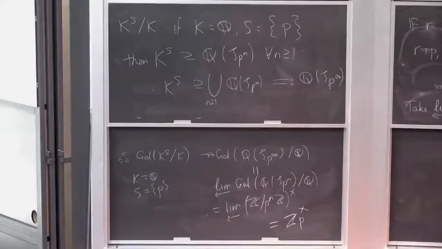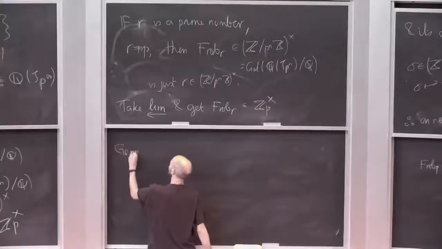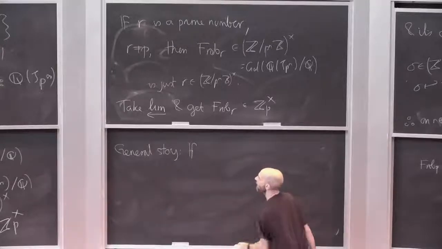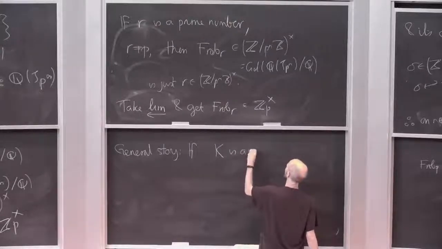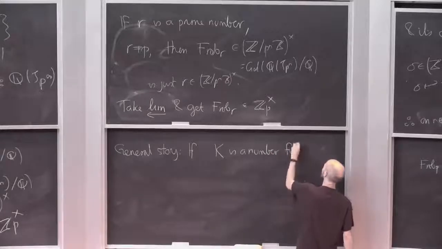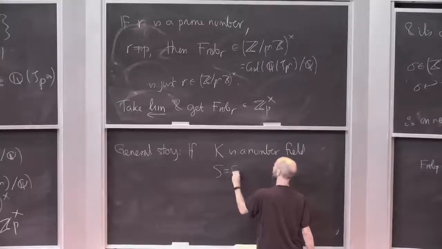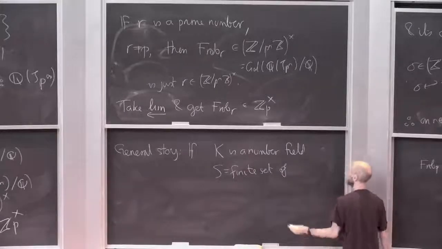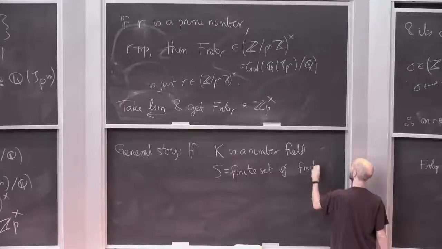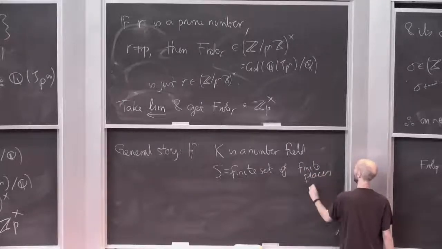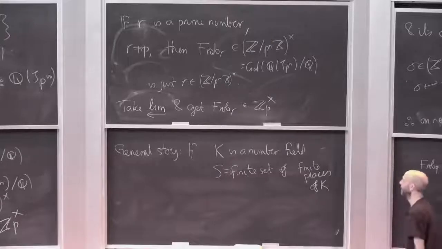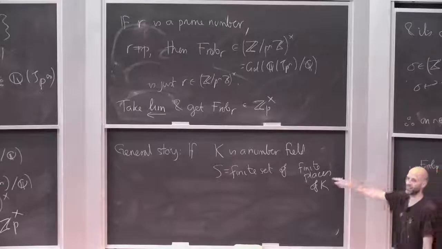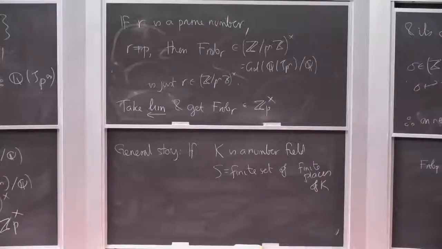So the general story, of course: if I've got K a number field, and S is some finite set of finite places of K. That's just another way of saying maximal ideals of O_K, which is another way of saying non-zero prime ideals of O_K.